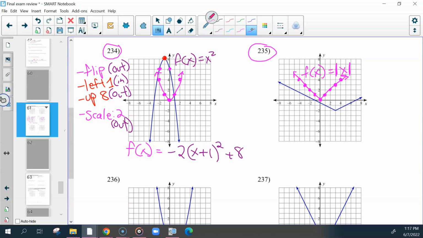And if we're comparing that original to the one that's given, I know it didn't flip because they're both facing the same way. This vertex has been moved to the right 3 and down 2.